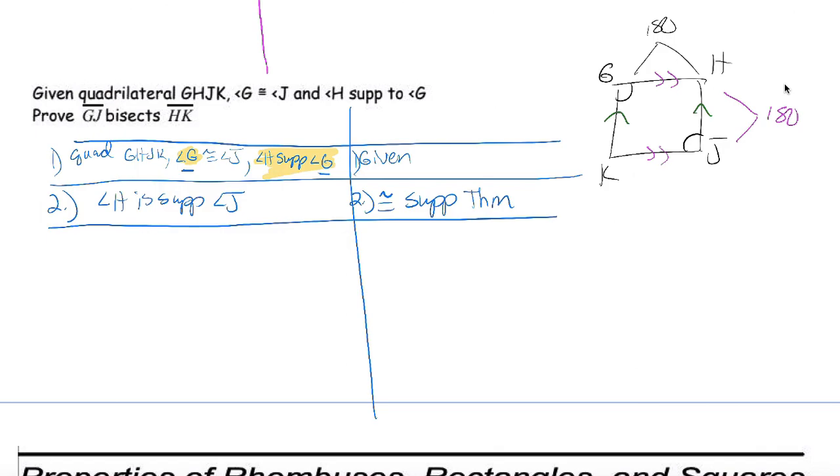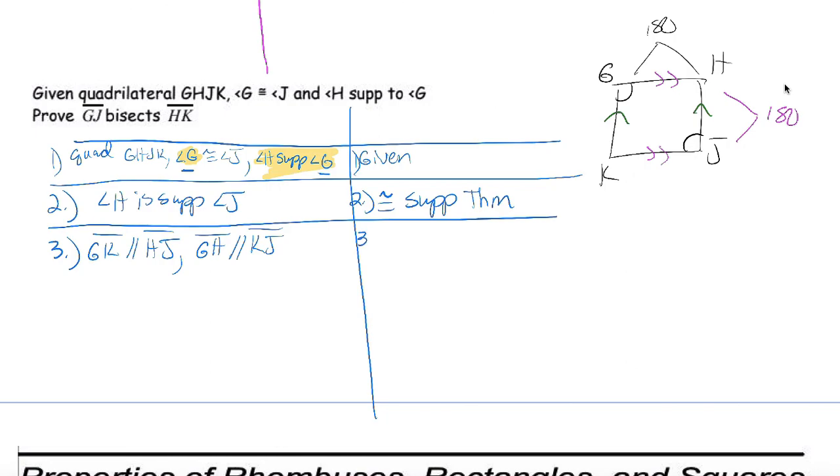And these statements will allow us to get our parallel lines. And since we're going to be using the same type of angle pair to get these parallel lines, we can write them into the same line of our proof here. So I'm going to say GK parallel to HJ, as well as GH parallel to KJ.